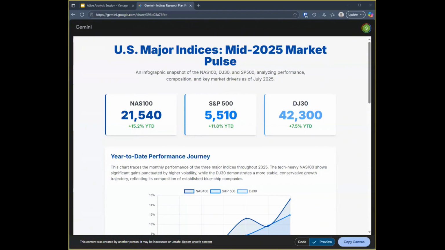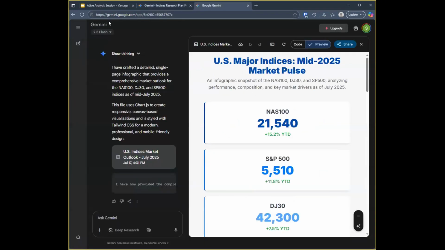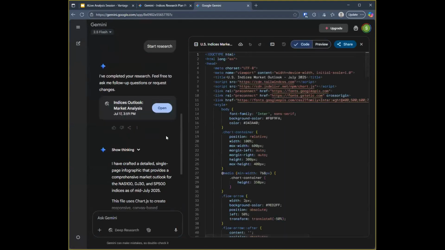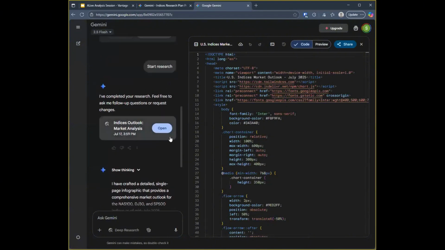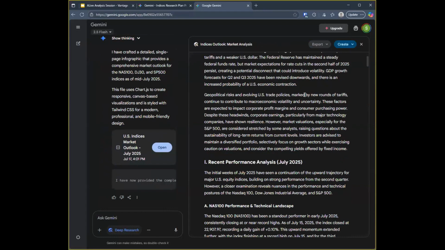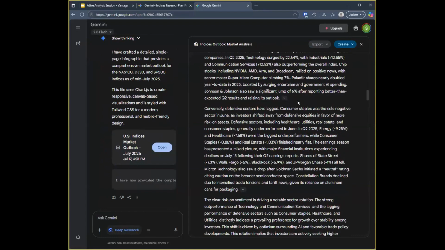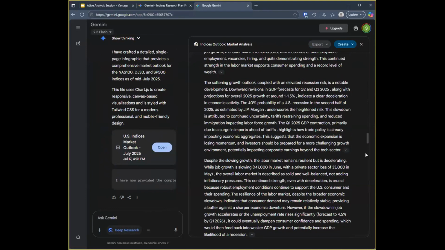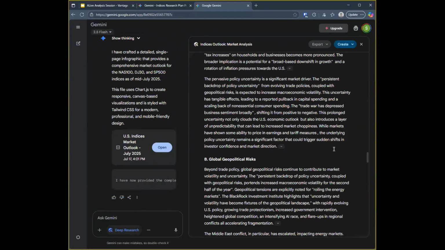Okay, this is the finished product from Google Gemini. If you head over to Gemini, you can use the latest model. I think there is limited use of the 2.5 Pro, but essentially it does all of the analysis for you, and you can check to see if it's looking at the right websites and the data it's pulling out, and make sure that it's not pulling out the wrong data.